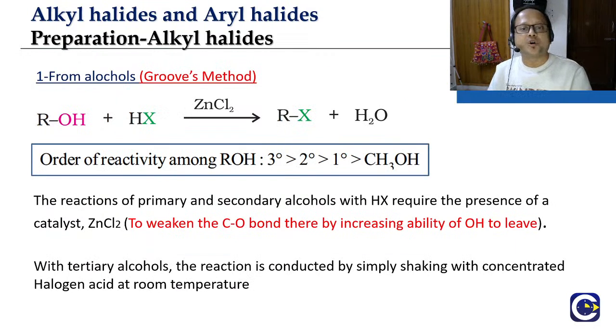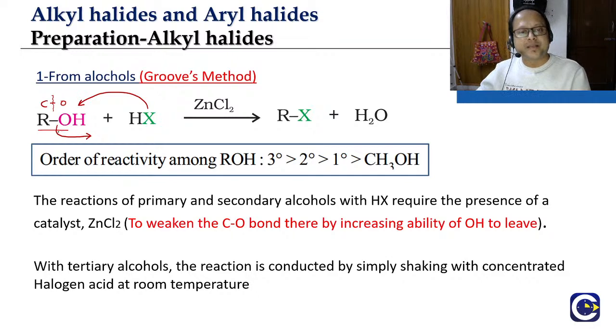Now comes Groove's method. What happens in Groove's method? We use zinc chloride as a catalyst. In presence of zinc chloride, the carbon oxygen bond is weakened, and the more it is made weak, the easier it will be for OH to leave the system, and hence easier for X to enter.